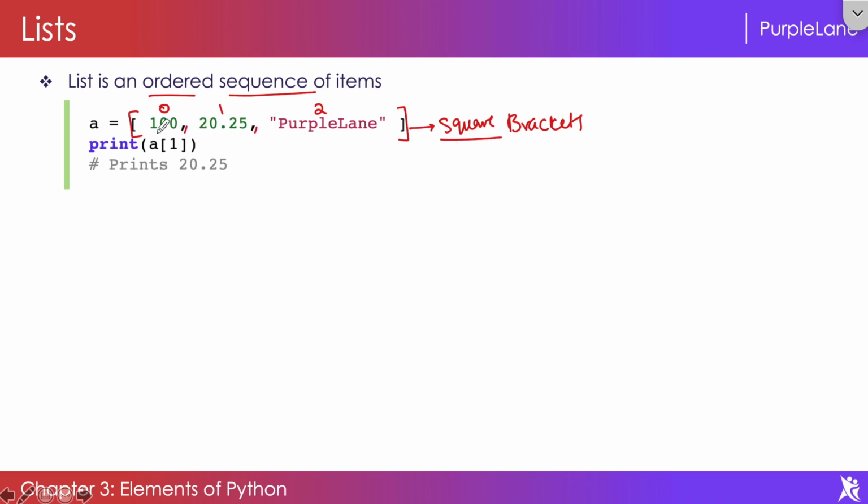Since this is an ordered sequence of items, we'll be able to index these elements. The first element will be at index 0, the second at index 1, the third at index 2. Now comes the interesting part. You can even access an element at a particular index. So we have 0, 1, 2 as the indices of this list.